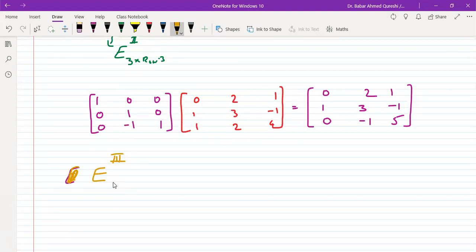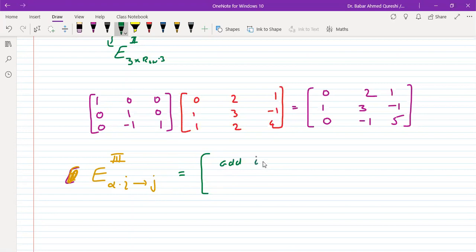If you want to multiply with some number alpha row i, well, let me write it like this: alpha times row i and add it to row j. What you need to do in your identity matrix, it's a very easy pattern. In your identity matrix, take the ith row, multiply it with alpha and add it to the jth row.